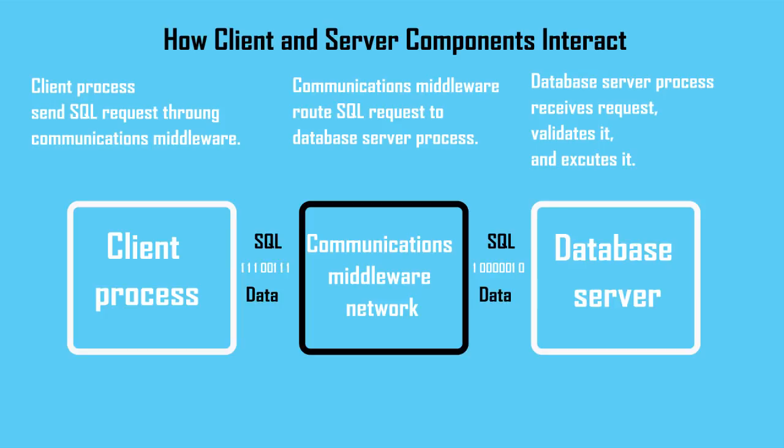It's also known as middleware or communication layer. As you can see from this diagram, this is how client and server components interact. You've got client on one side, you have communication in the middle, and then you have a server on the other side. In this diagram, it's a database server, whereby a client requests some data from this particular database.